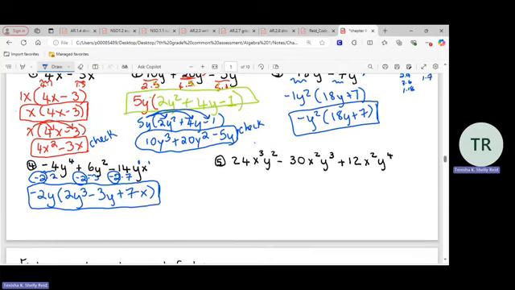For number 5, you should have been like, oh my God, this looks hard, but that's okay. It's just a challenge. Start with numbers first. So we have 24, we have 30, and we have 12. What is the greatest common factor between all of those? I know for sure with 12, I'm going to have 1 and 12, 3 and 4, 6 and 2.